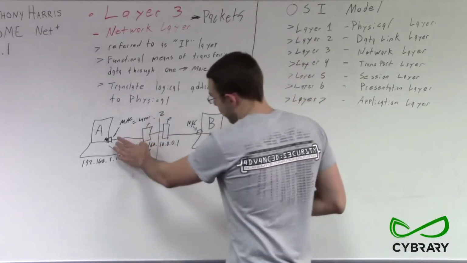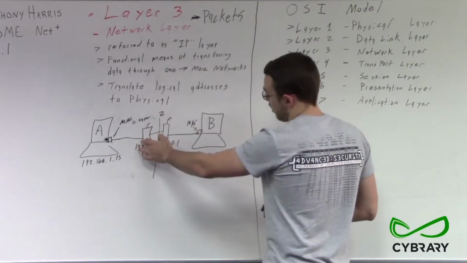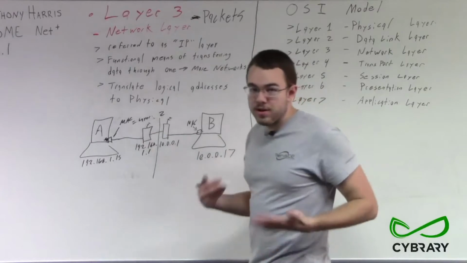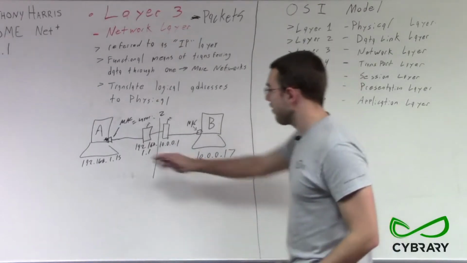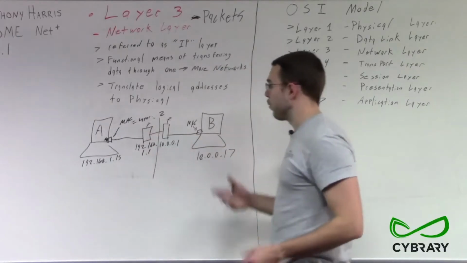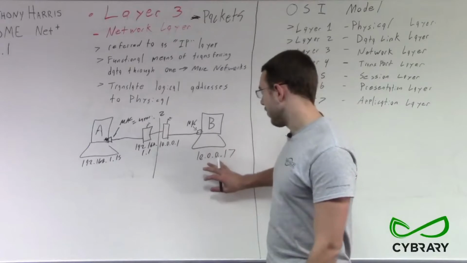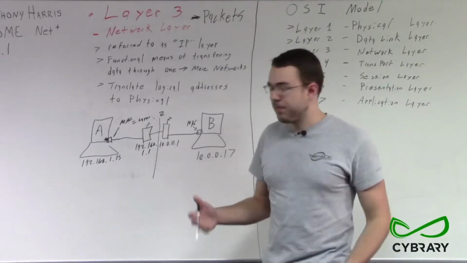We're going to take those packets and send them to our router, which is a layer 3 device. A router is a layer 3 device. And our router is going to take that data and route it to our separate network here, and then it's going to allow it to connect to our computer.